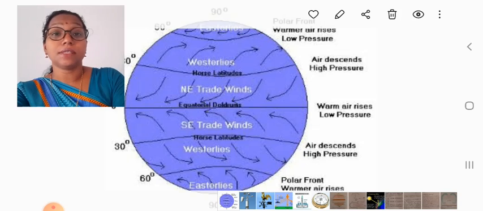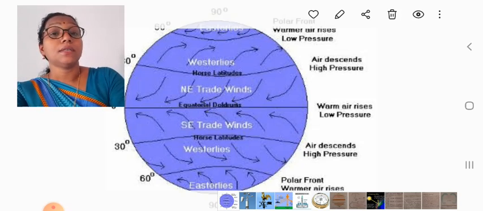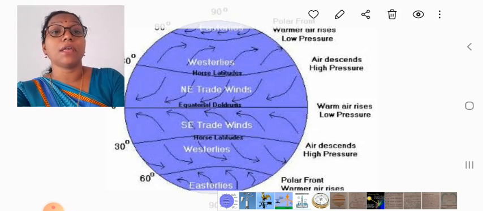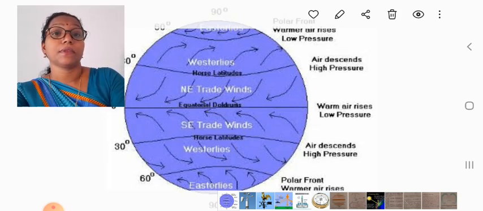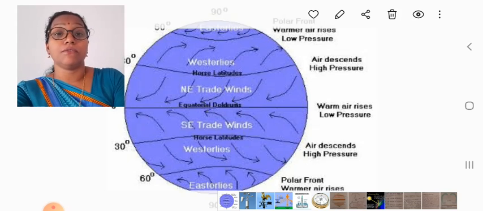So since they are blowing from the east direction, they are called easterlies. They are blowing from the subtropical high pressure regions, from the 30° north and south latitude towards the equatorial low pressure regions.